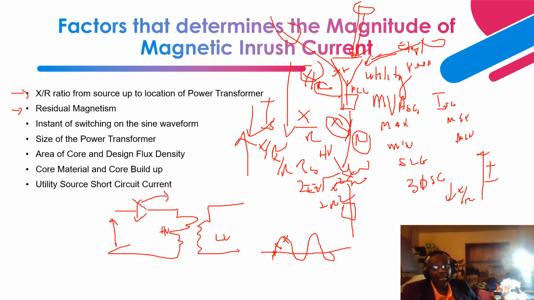That is going to be embedded in the core of the power transformer, right at the time that we take the transformer offline. You have de-energized it, you have taken it offline, but you did not pay attention to the instant of switching.